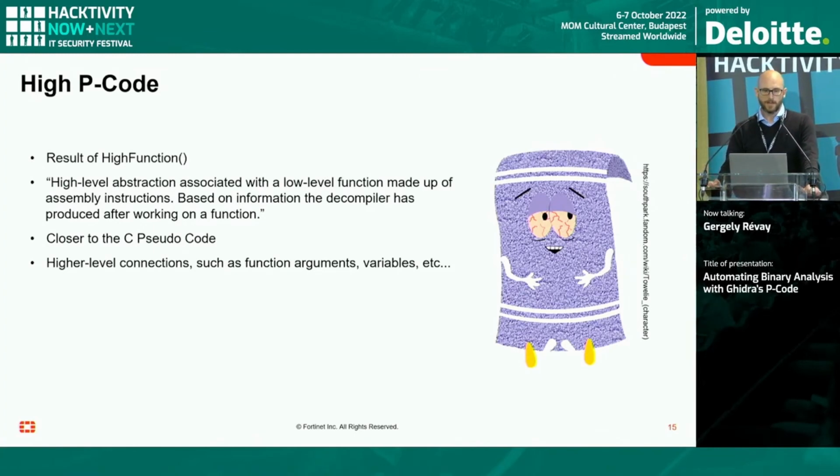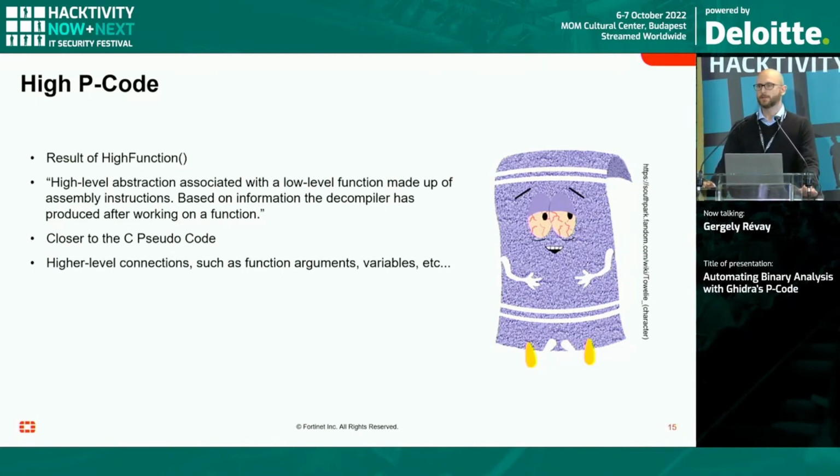Now, the great thing with high P-code is that it already has the same kind of context that we have in source code. So we have things like function arguments. If there is a call to another function, then we can ask that operation what its arguments are, and it's going to give us the arguments. So it's not like in assembly, where you have to know that the arguments are pushed on the stack or transferred in whichever registers. You can just ask that particular high P-code operation what its arguments are.